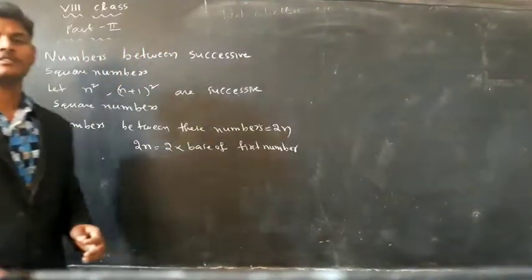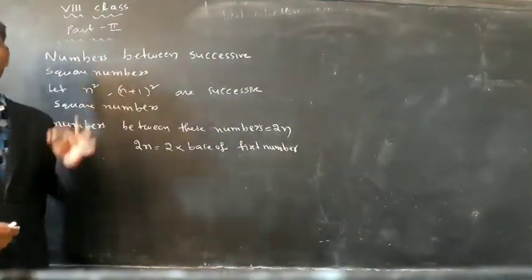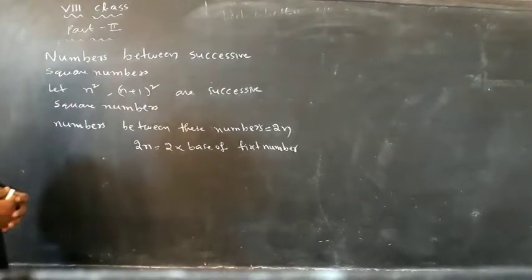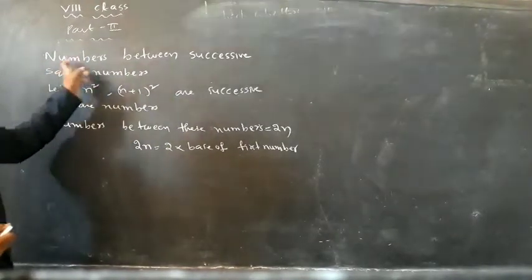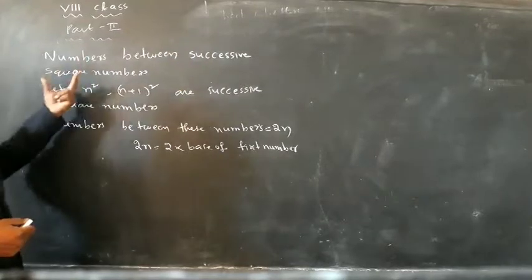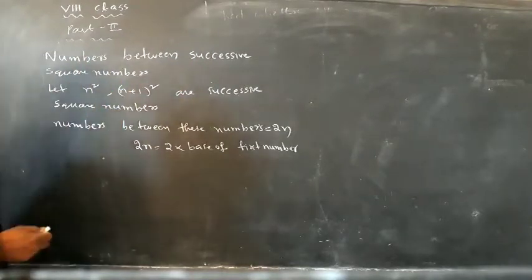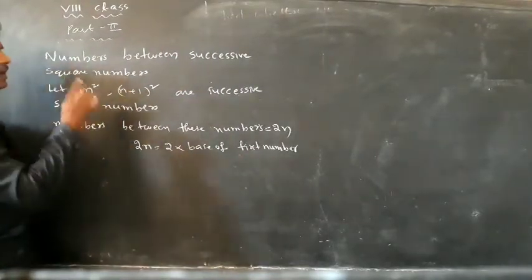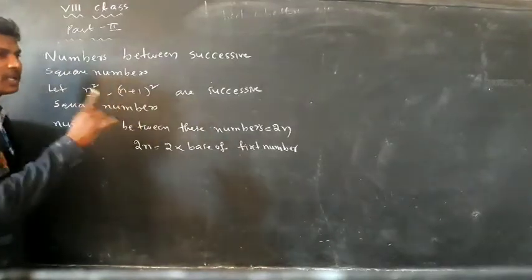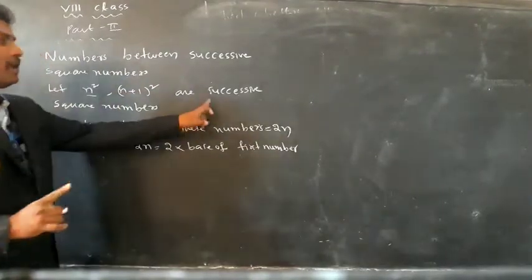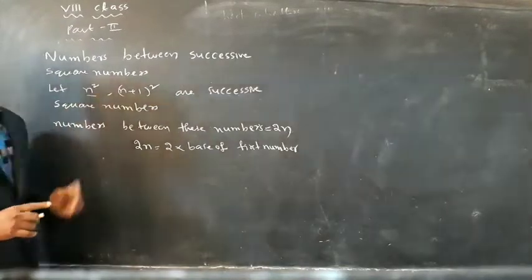So students, here is another concept from square and cube numbers: numbers between successive square numbers. For example, n square and (n plus 1) whole square are successive square numbers.